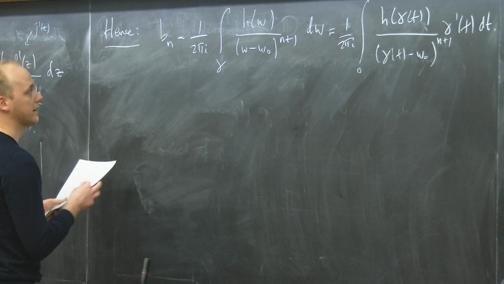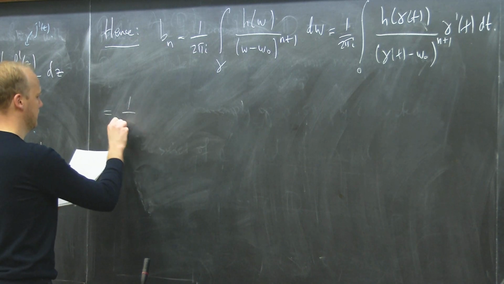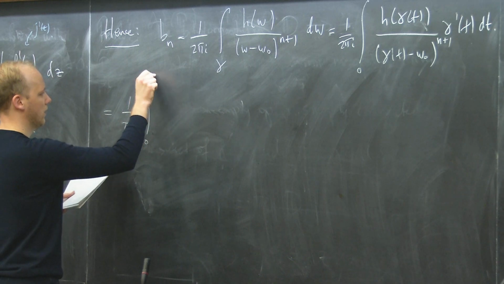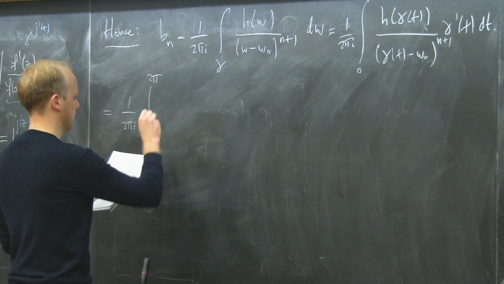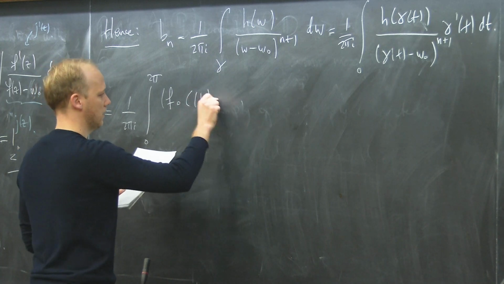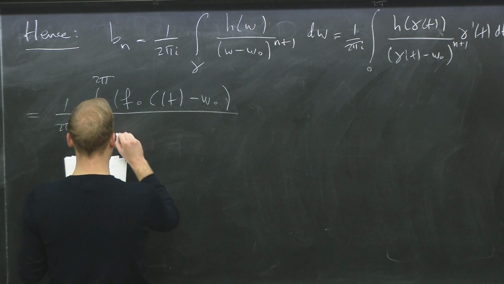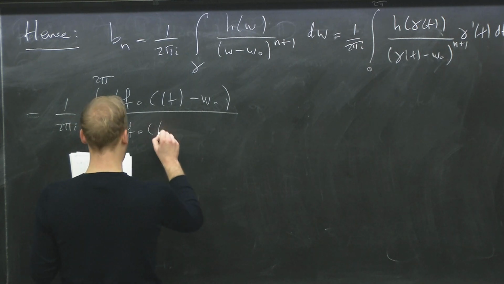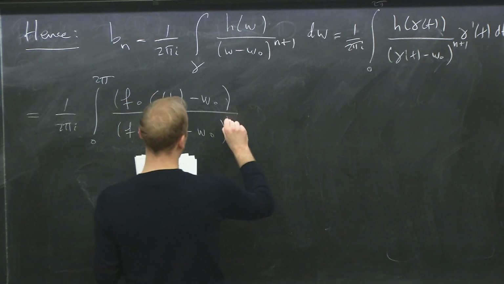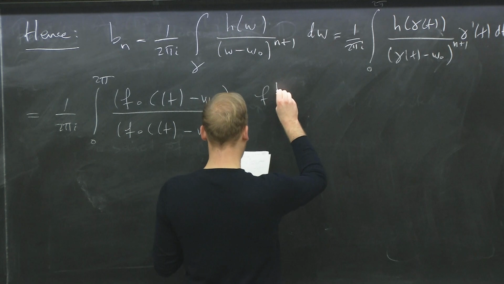And now I claim that this is equal to this. It's not difficult, it's just a matter of checking these computations. The question is only if I'm skipping too fast, but I think it's okay. There are slightly more details in the notes, by the way, so I will scan them as usual and give them to you.